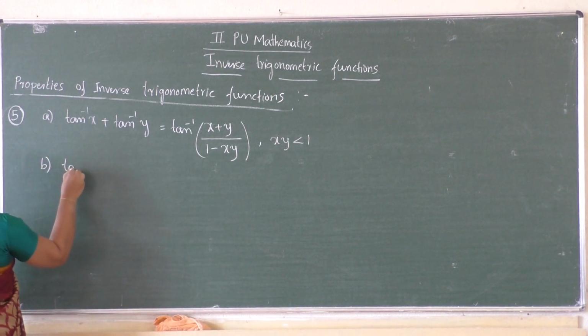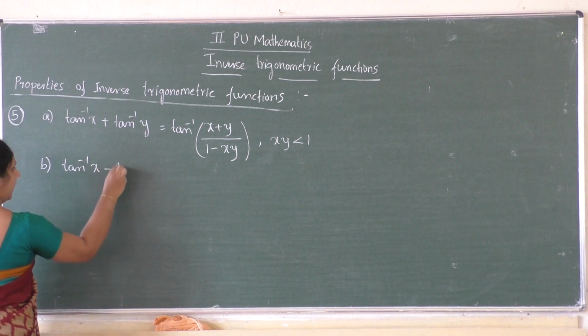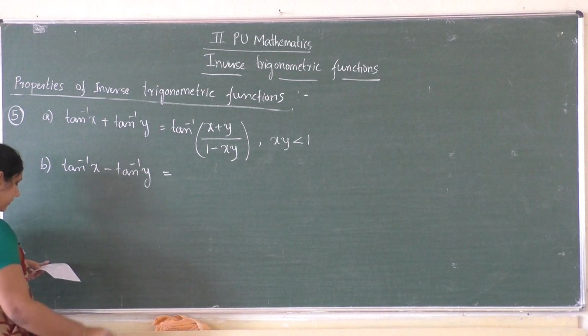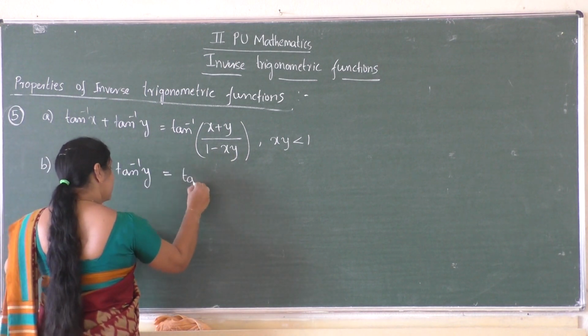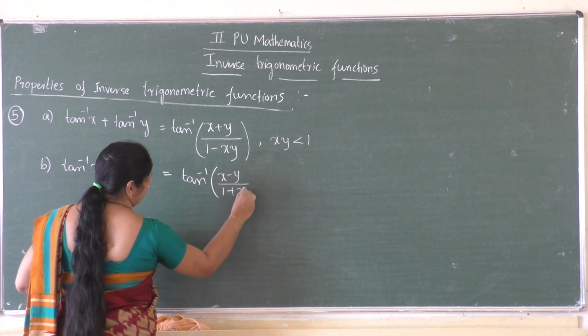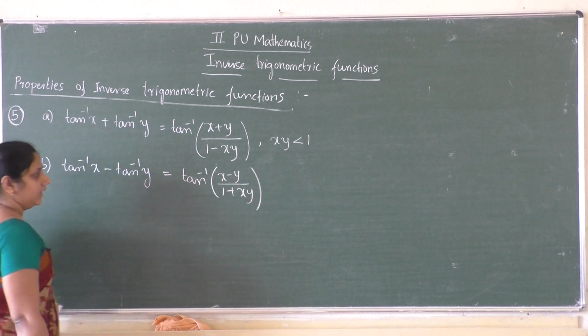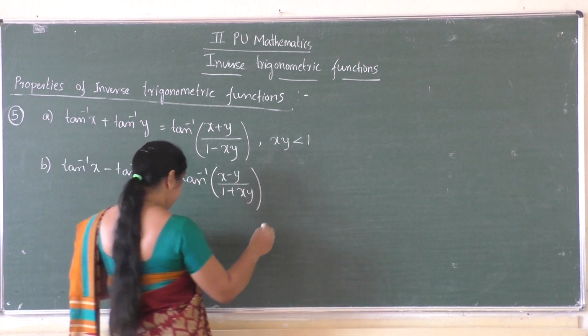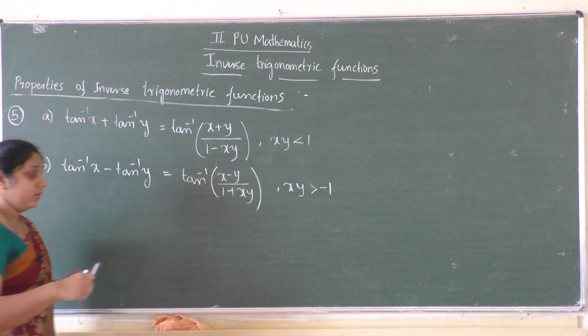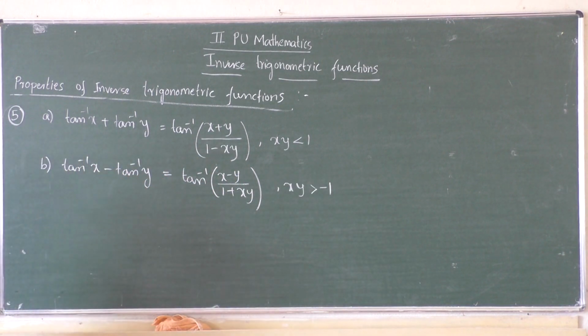And second one, tan inverse x minus tan inverse y is equal to tan inverse of x minus y by 1 plus xy, where x into y greater than minus 1. So this is the fifth set of properties of inverse trigonometric functions.